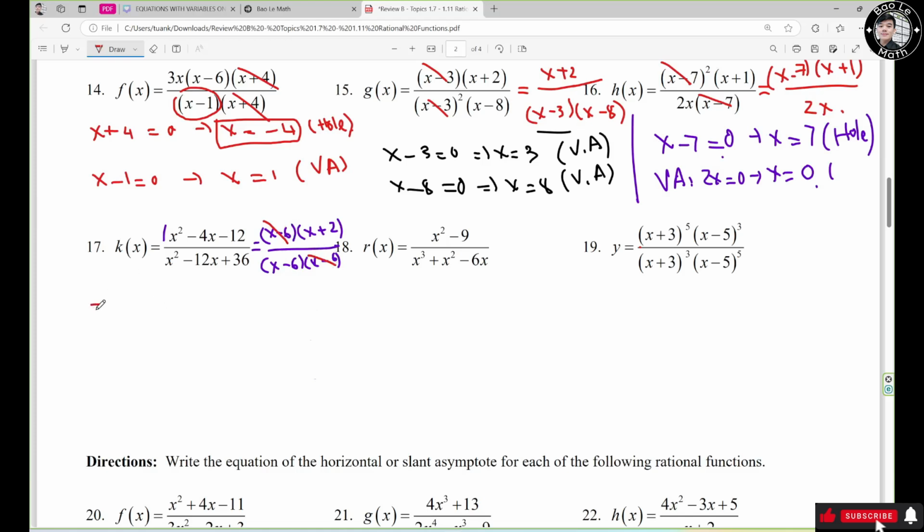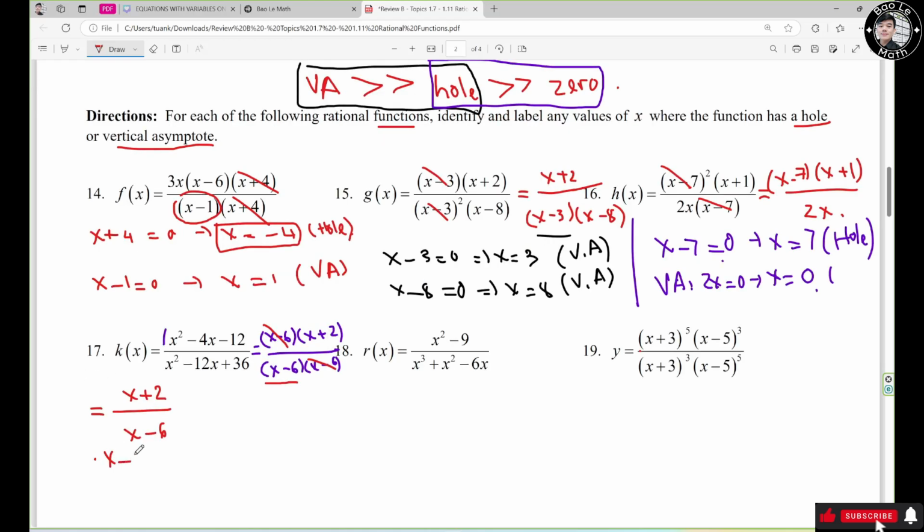Alright, so we have s plus 2 over s minus 6, right? So you have s minus 6 equals 0, and then s equals 6. This one is the vertical asymptote.